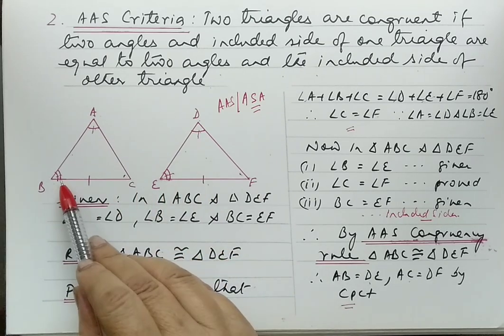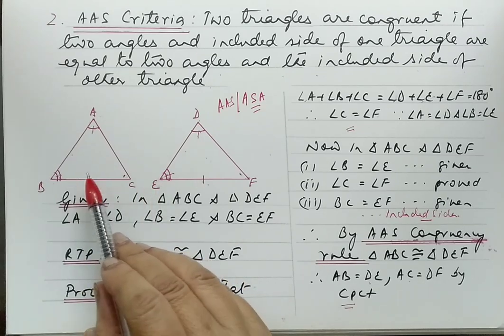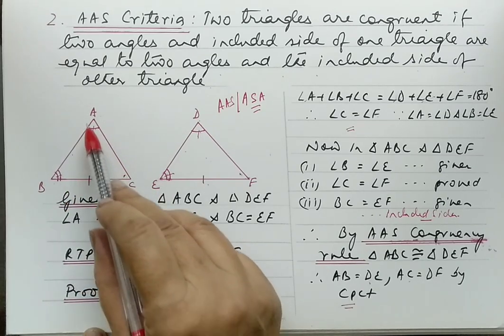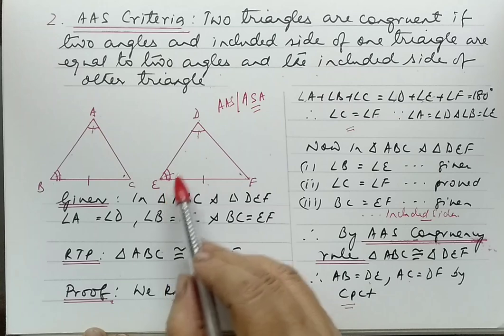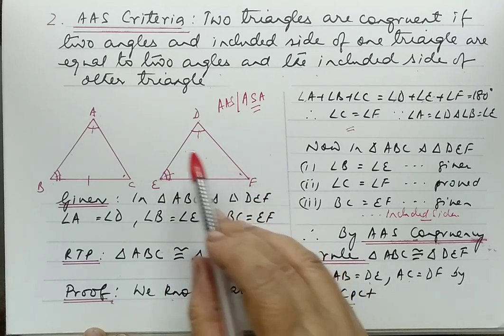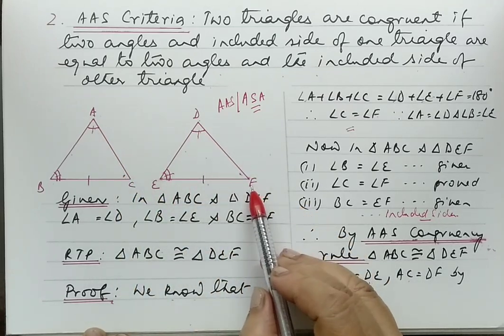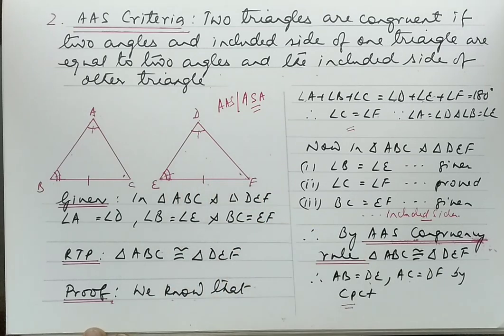Now E and B are equal. So it looks at AC and this looks at DF. So AC will be equal to DF.